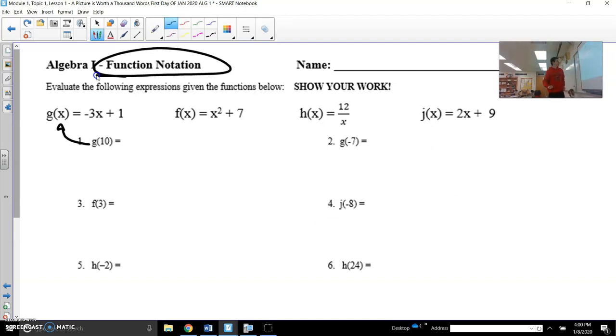So let's talk about the first one, g of 10. The equation is -3x plus 1, but because they've replaced that g of x with g of 10, they are suggesting that the value of x is 10. So I want to replace the x value in the equation with 10, and then do some calculations.